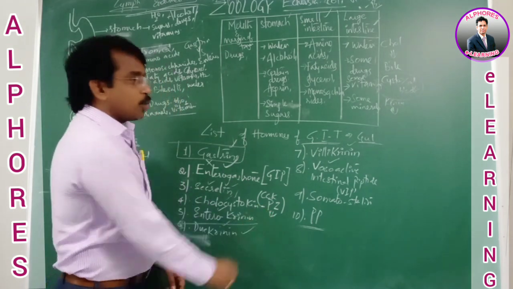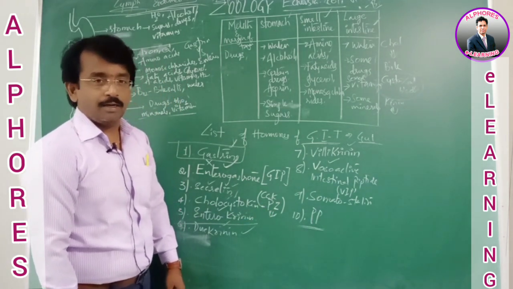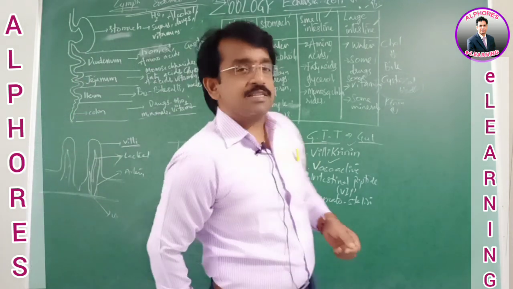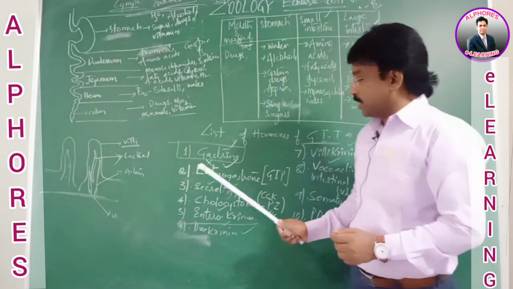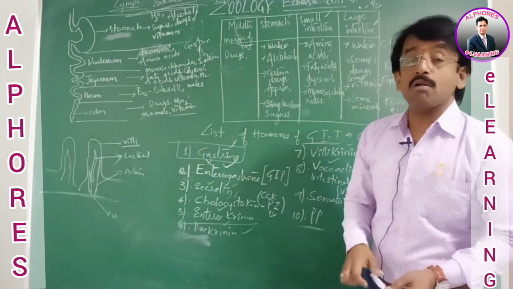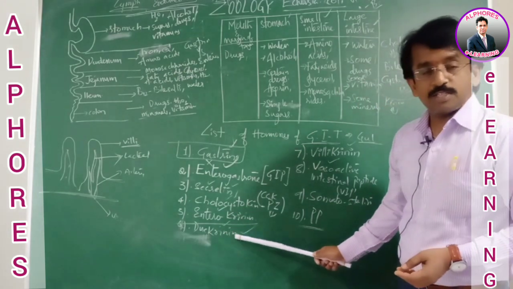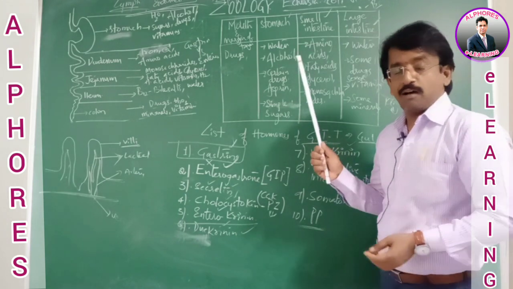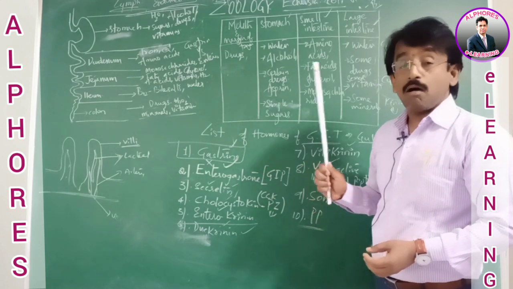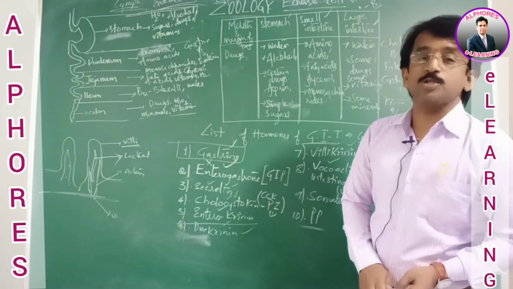Then duocrinin. Duocrinin is from the duodenum. Does the duodenum have any glands to see? Definitely. Duodenal glands are Brunner's glands, which secrete the mucus. So duocrinin is a hormone that stimulates the duodenal, or Brunner's, glands to secrete the mucus, which is added to the intestinal juice.